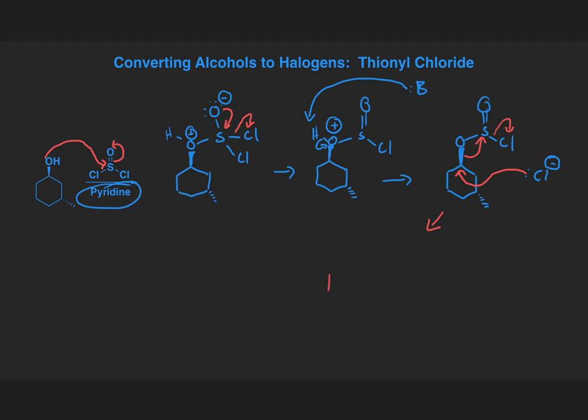And so you wind up with this molecule here. And remember, the Cl attacked in an SN2 fashion, which does inversion of configuration. And so that's the organic product that you get. And in the same step, you lose SO2, which is a gas, and Cl minus here. And so this gives you a way to cleanly convert an alcohol into a chloride, but it's going to give you inversion of configuration.